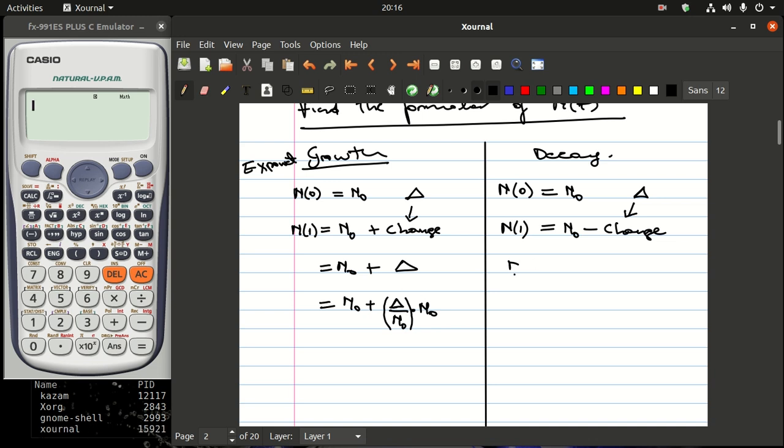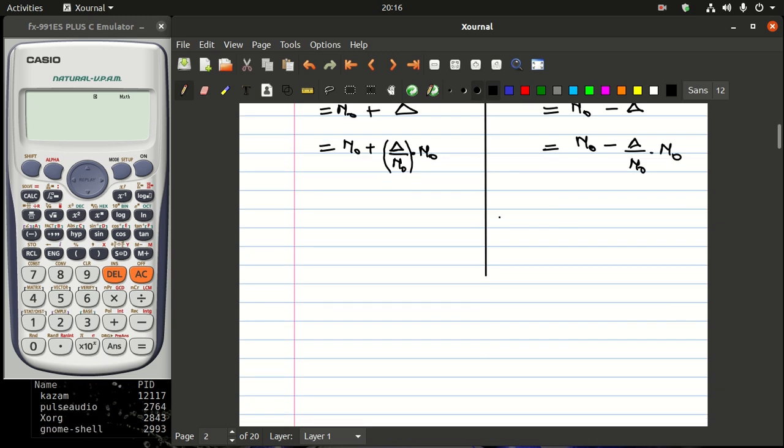The same thing here, we're also gonna have with the decay, we're gonna have n0 minus some delta, just a change. And then here we're gonna have n0 minus delta divided by n0 times n0. Now, when you look down into this, this divided by that is just some interest in a decimal place.